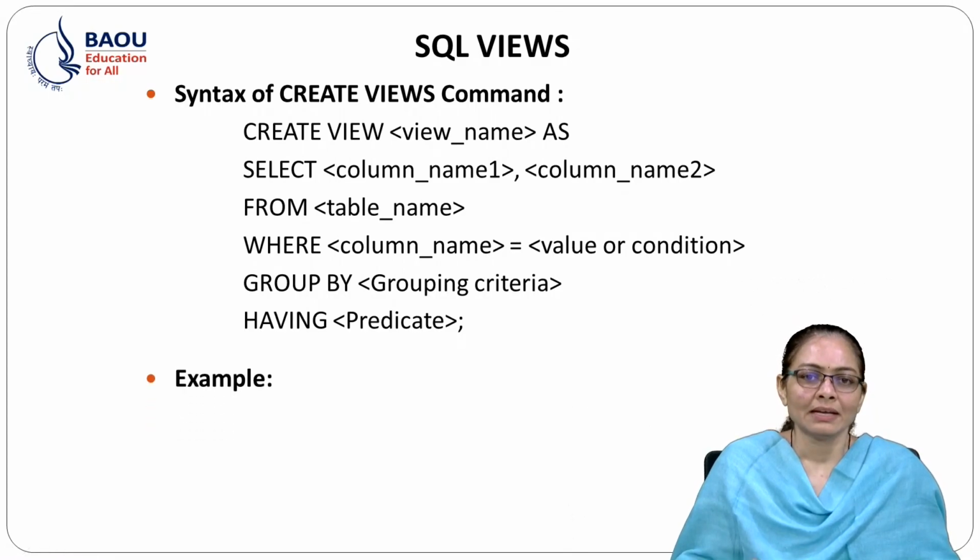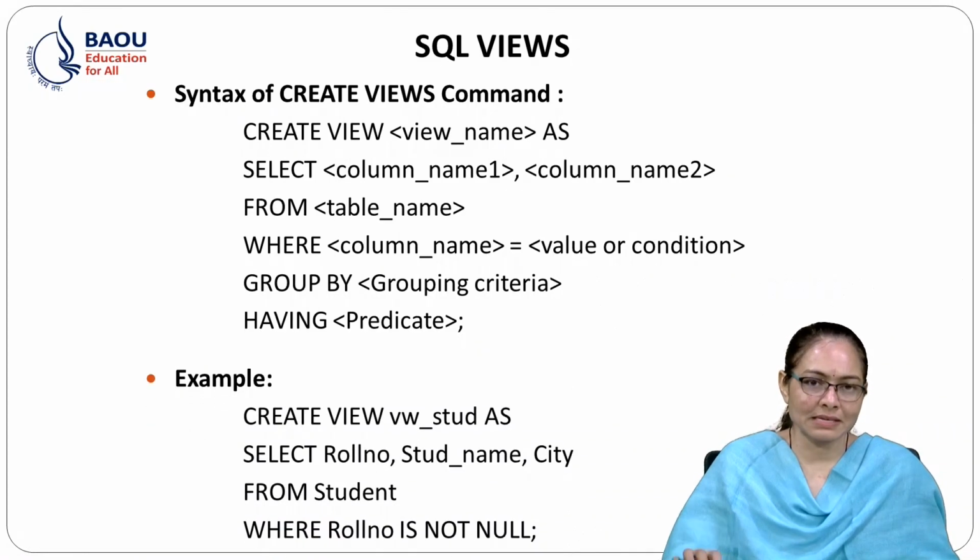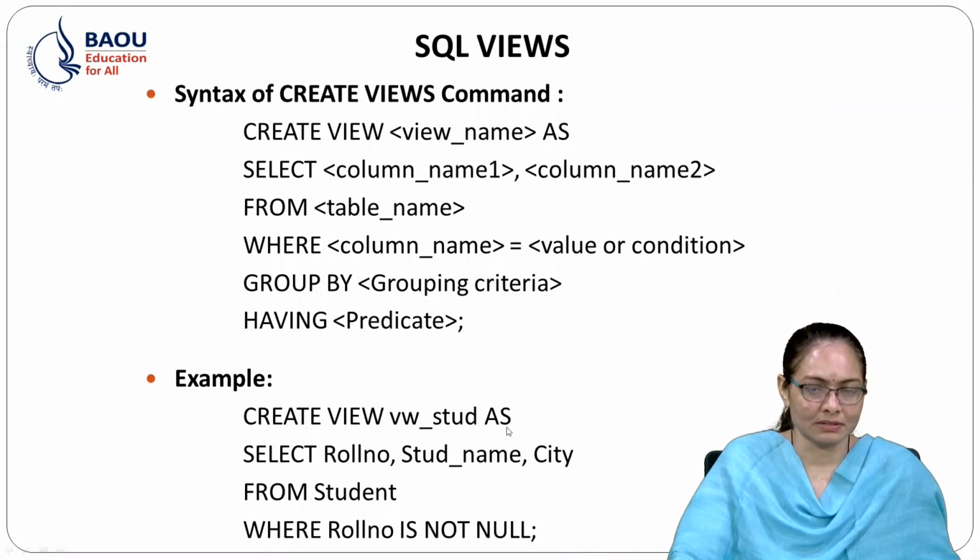Now, in the example, see create view, then the view name. The view name is VW underscore stud. This view displays this type of data: it contains roll number, name and city from student, where roll number is not null.